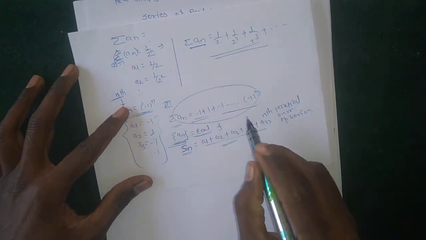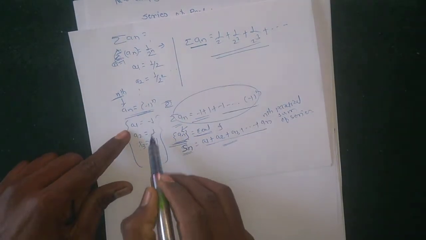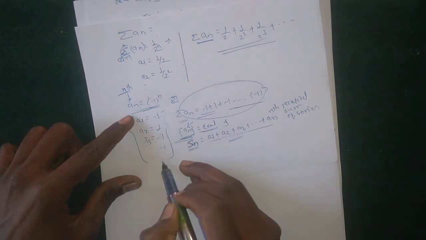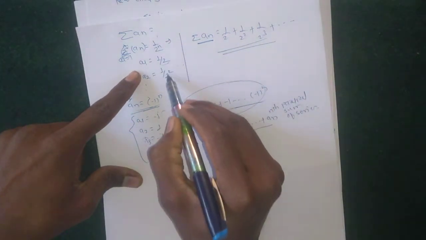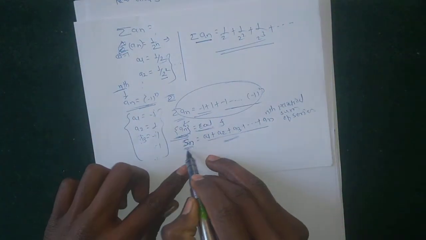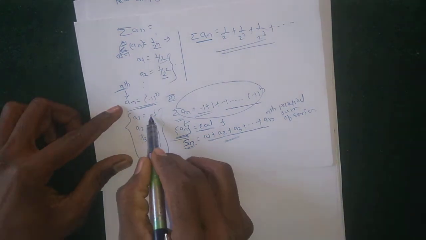So an is a sequence, that is these values: minus 1, plus 1, or 1 by 2, 1 upon 2 square. These are the sequence, and sn is the partial sum of these elements.